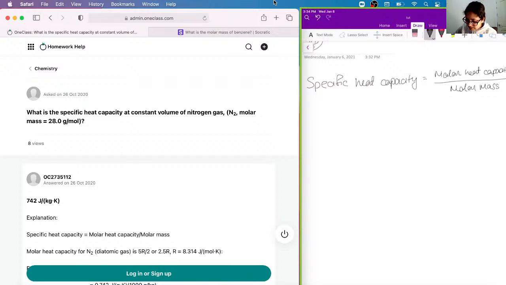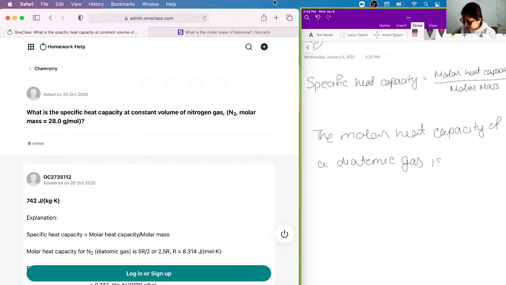So you can say the molar heat capacity of a diatomic gas is 5R/2.